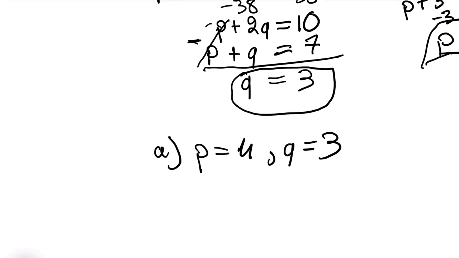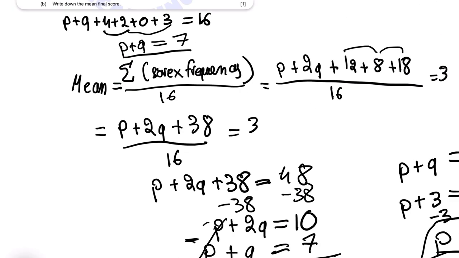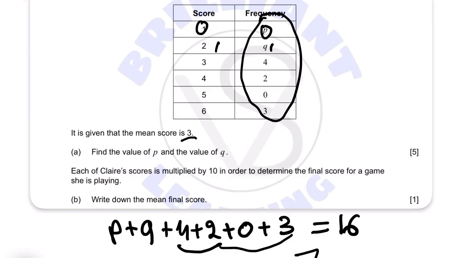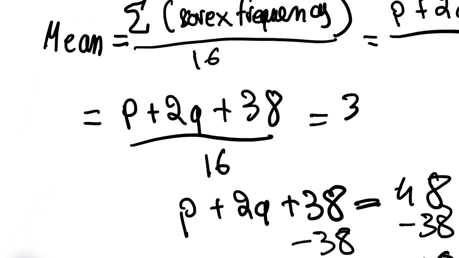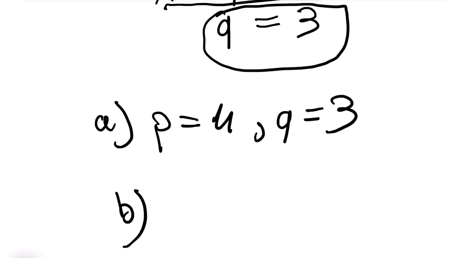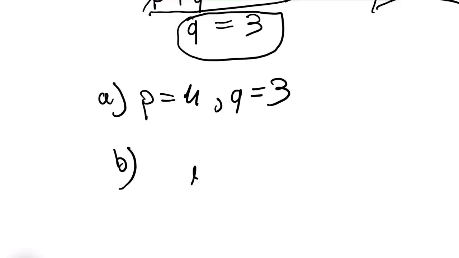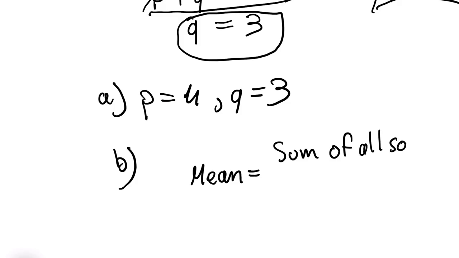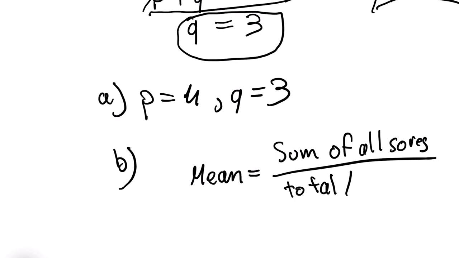Now we go back and solve for part B. Let's go back to the image right here. Part B tells us to write down the mean final score. The mean final score is going to equal the sum of all the scores divided by the total number of scores. Initially, we know that the mean is 3.